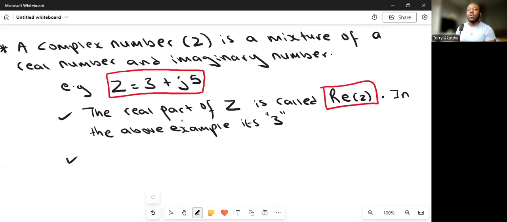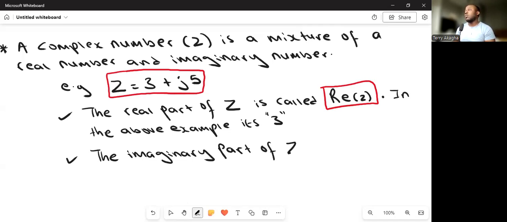Now the next part is what we call the imaginary part. The imaginary part of Z is denoted as IMZ. So this is how we write it.